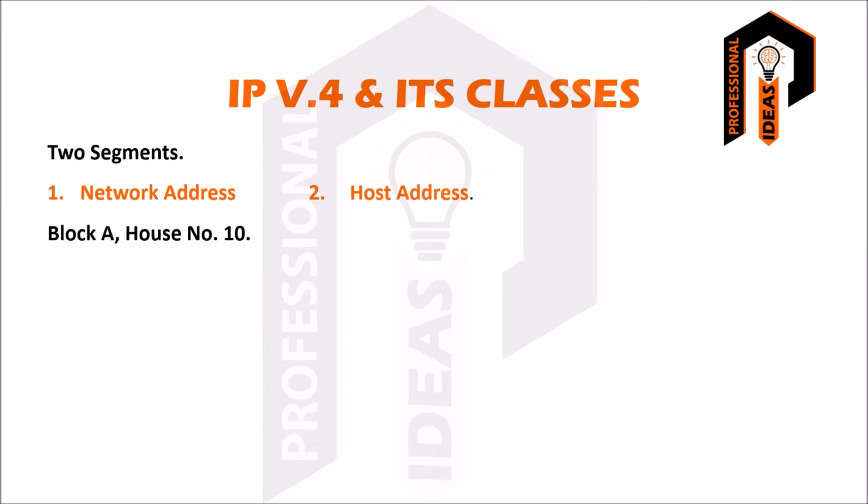For example, block A, house number 10, block A, house number 11, block A, house number 12. Note that block A is common in all addresses and only the house numbers 10, 11 and 12 are changed. Similarly, in an IP address, the network segment remains the same and the host segment is changed for every host.